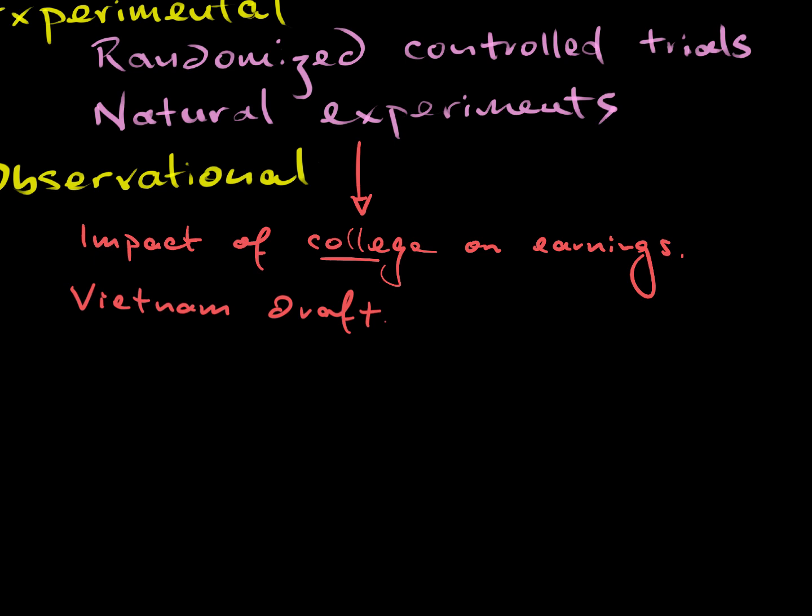What's relevant here is that the way young men were called up for the draft was based on their birth dates. All 366 days of the year were put into a random order. They literally wrote the days of the year on ping pong balls, put them into a big hopper, mixed them around, and started drawing them out one at a time.